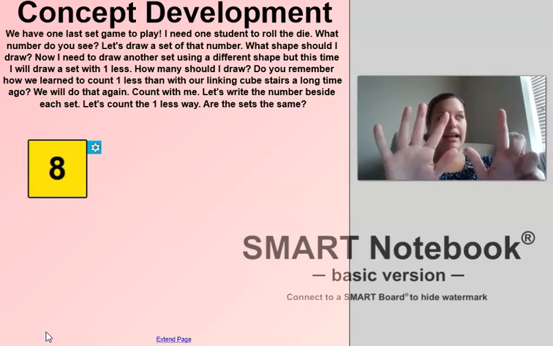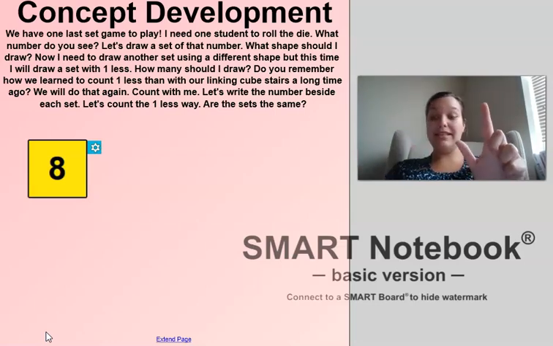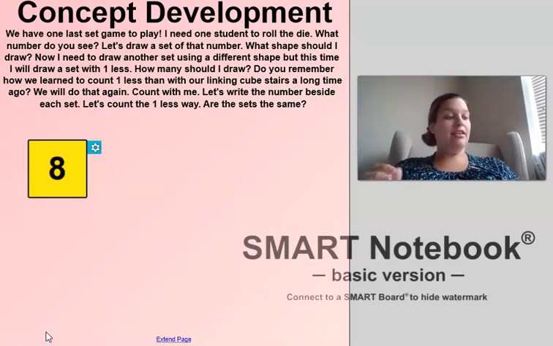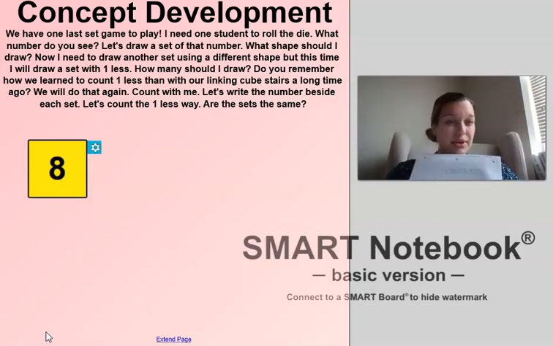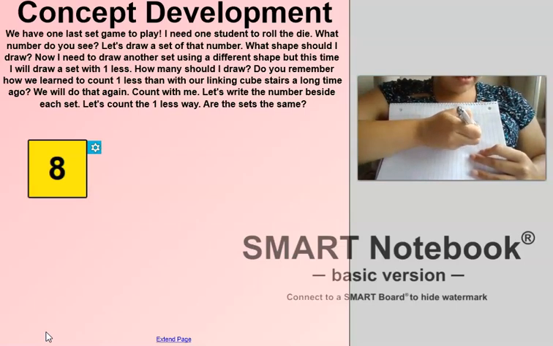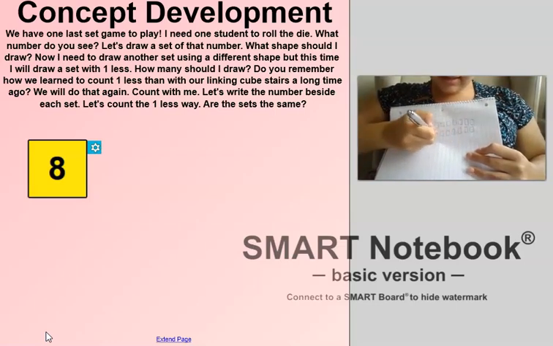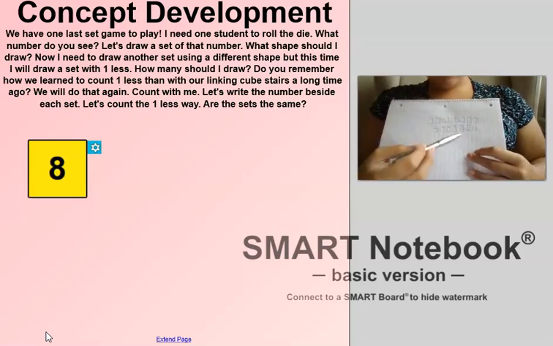So for my next set, how many am I going to draw? 8 and 1 less is 1, 2, 3, 4, 5, 6, 7. So in your bottom set, how many squares are you going to draw? 7. 1, 2, 3, 4, 5, 6, 7.